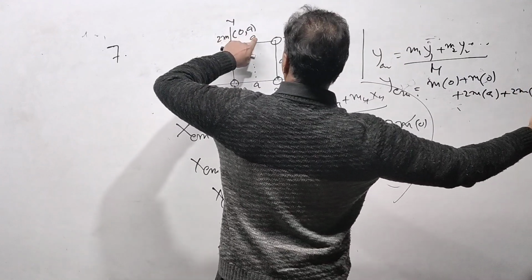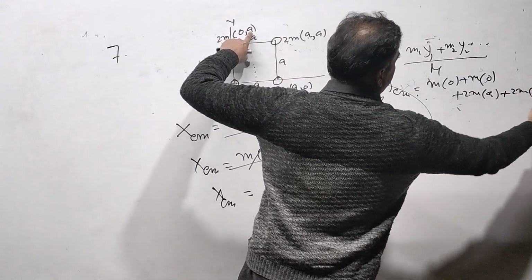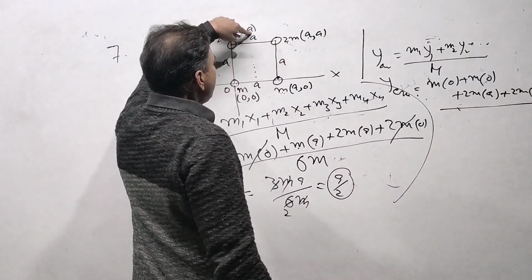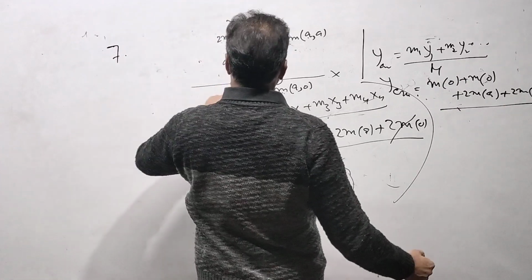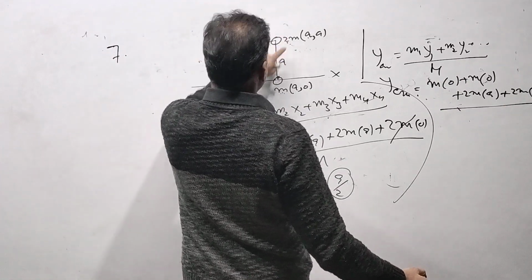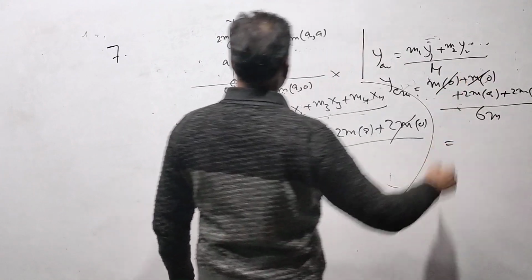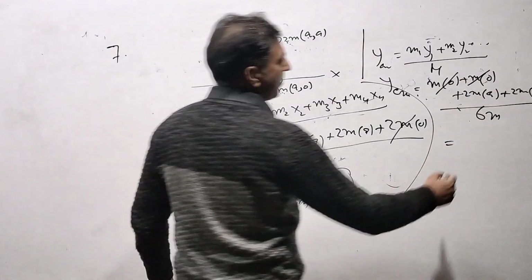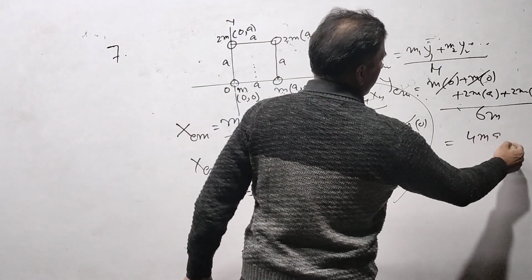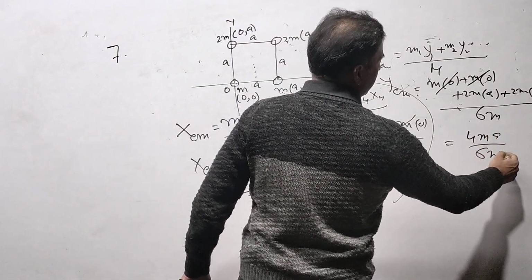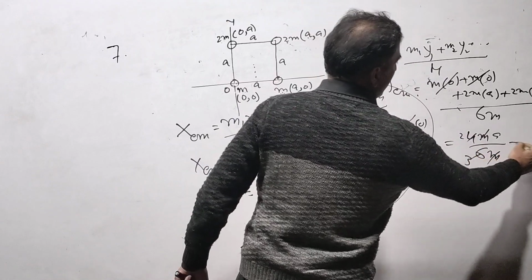What is its y coordinate? That's A. Divided by M, M, 2M, 2M, that is 6M. This goes and this goes. It is 4MA by 6M. This cancels, 2 and 3.